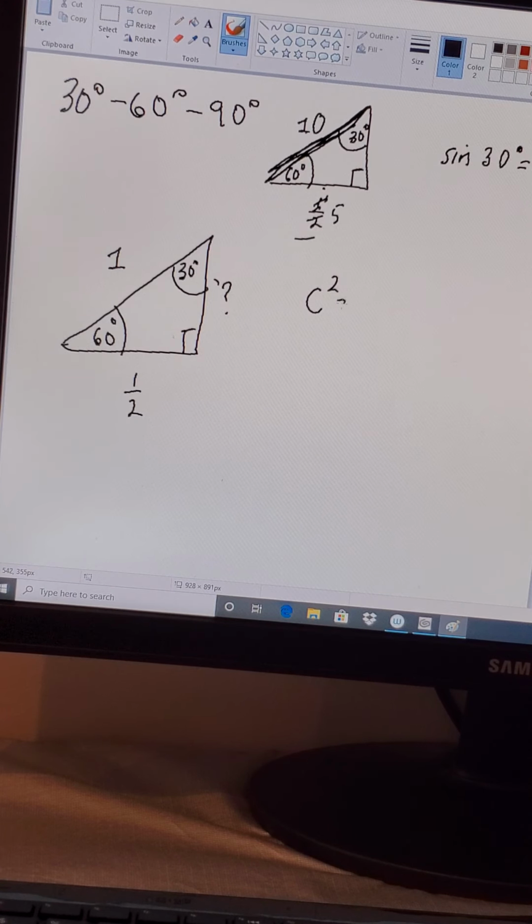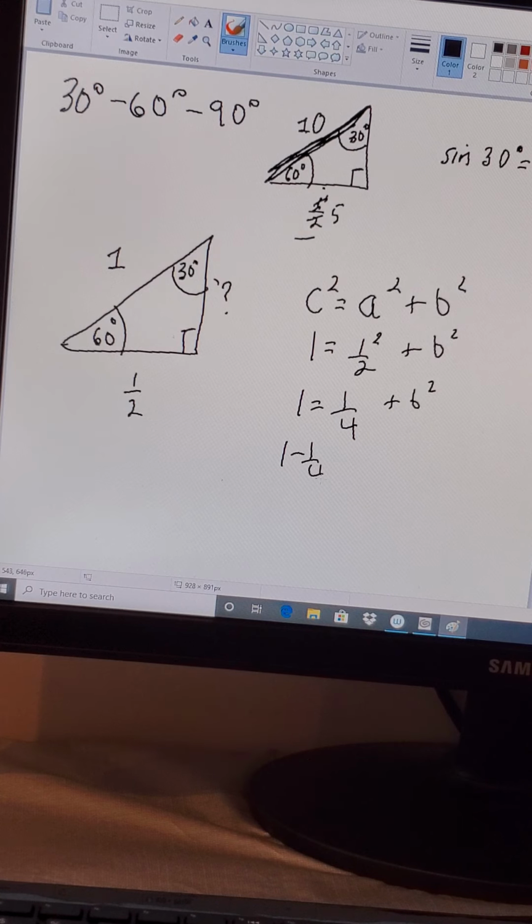Again, right triangle, Pythagorean theorem, hypotenuse is 1. This is squared. Half squared is a fourth. We move that over. 1 minus 1/4 is actually 3 over 4. Now that's not a nice value for the unit circle.